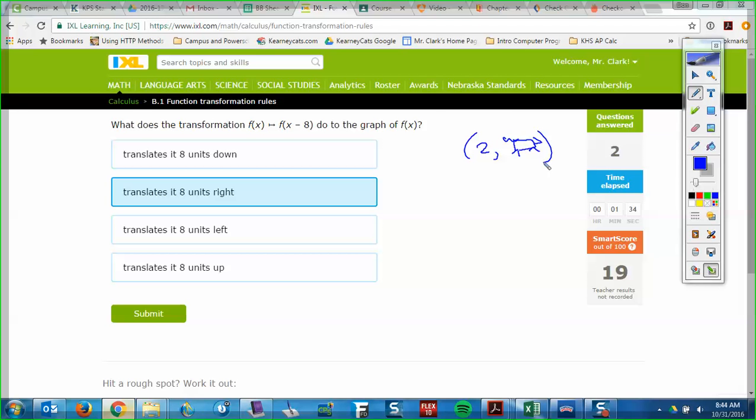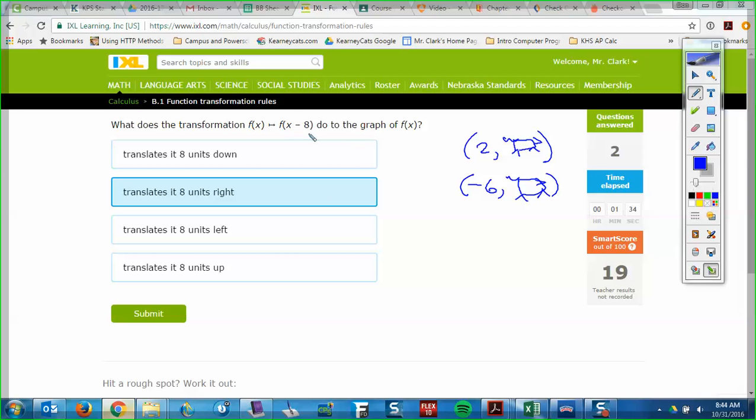On this graph, if x is a 2, what's 2 minus 8? -6, right? That means when I put in -6, I'm going to get that out. It'll look exactly alike.